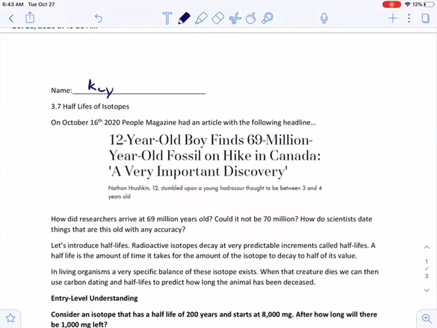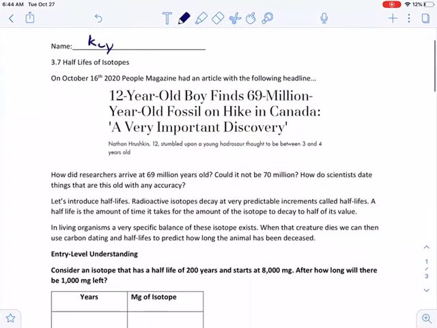And generally what is used, there are a few different strategies, but one of them that's commonly used is called half-lives. So, the skinny on half-lives, as you'll probably learn more about in chemistry, is there are particular isotopes, or chemicals that we would expect to be degrading over time at a particular rate.